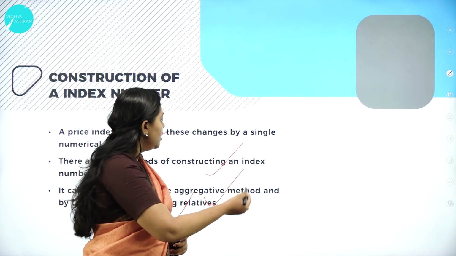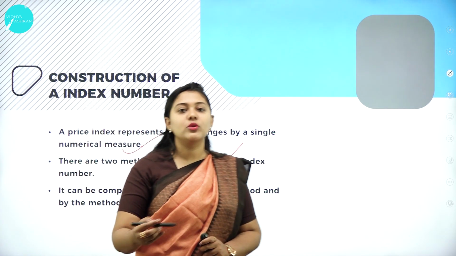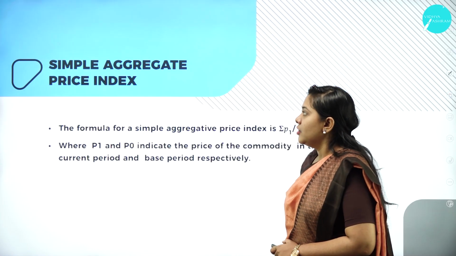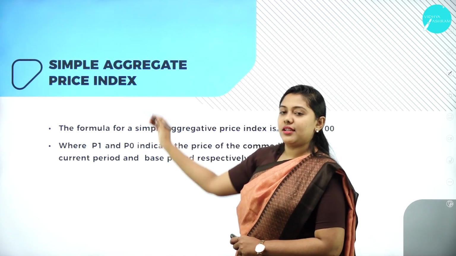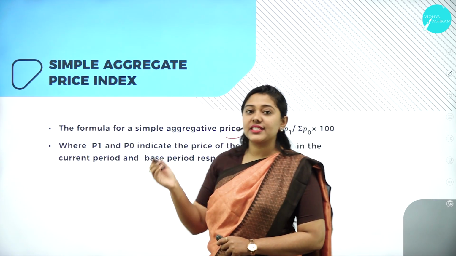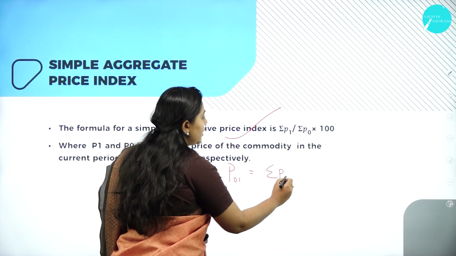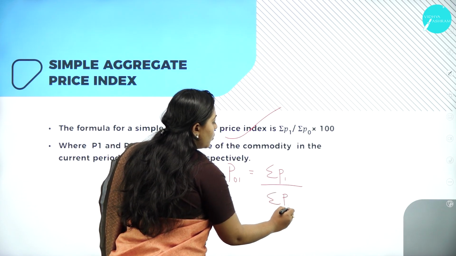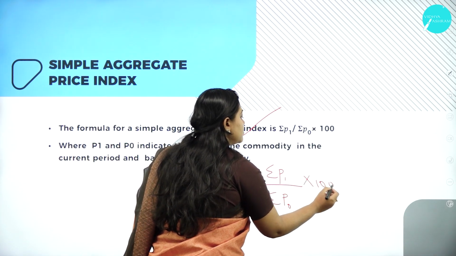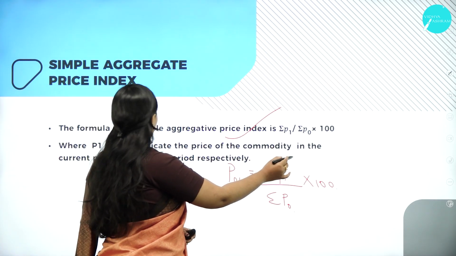So let us look into the price index by using the aggregative method, the first method to measure an index number. First, the simple aggregate price index. What is the formula? The formula for simple aggregate price index is P01 is equal to sigma P1 divided by sigma P0, into 100, where P1 stands for the price of a commodity in the current year.